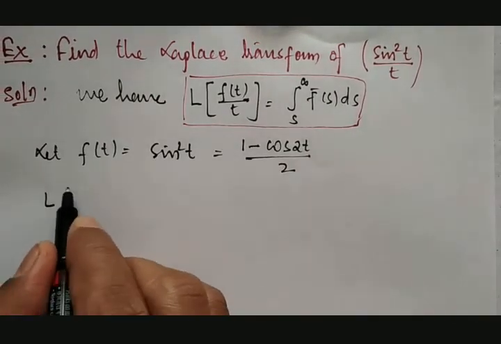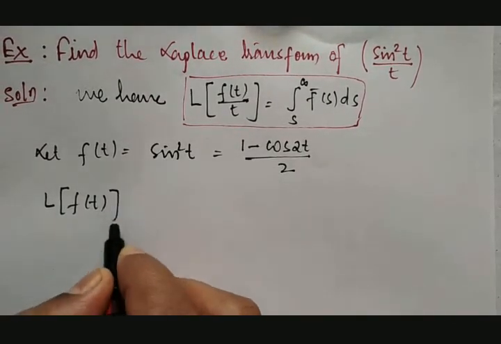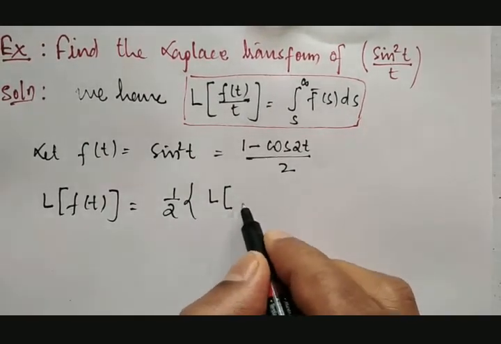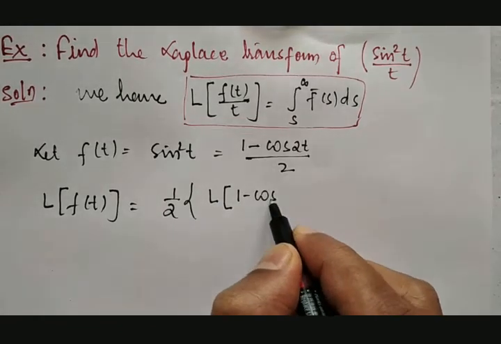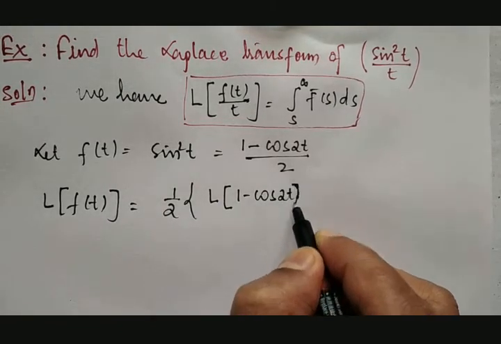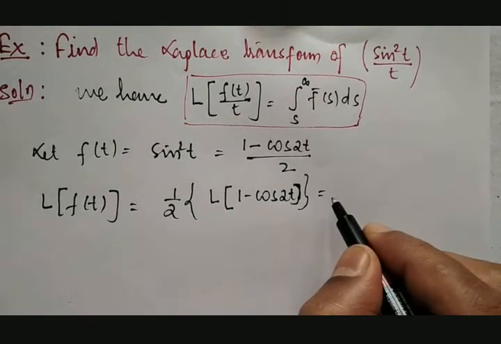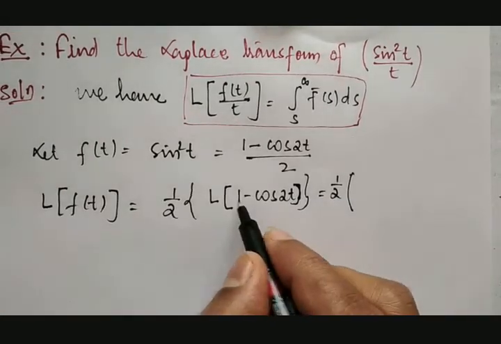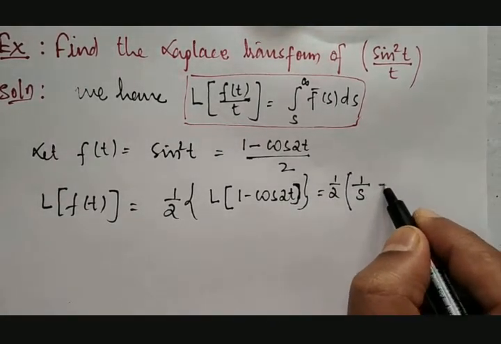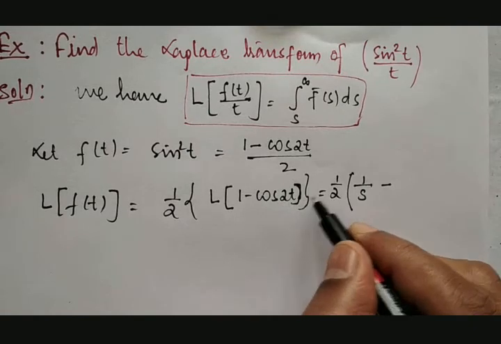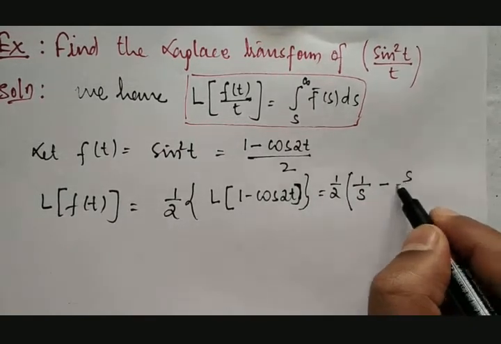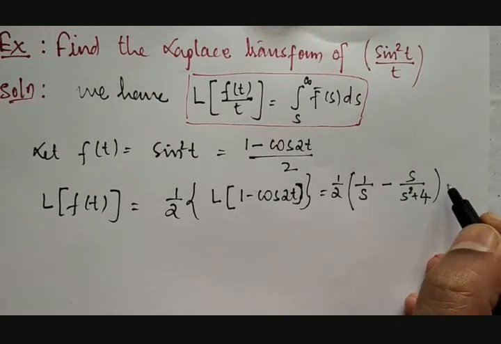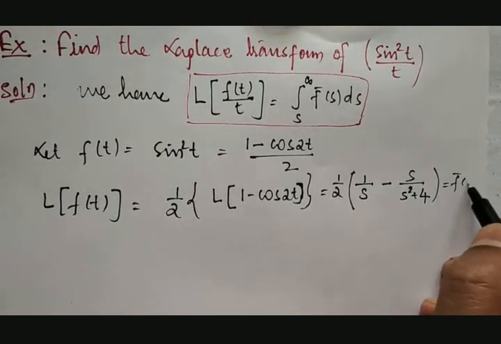Therefore, when we apply Laplace transformation on both sides, we will be getting 1 divided by 2 into the Laplace transformation of 1 minus cos 2t, which is nothing but 1 divided by 2 into, the Laplace transformation of 1 is 1 by s, minus the Laplace transformation of cos 2t, which is s divided by s square plus 2 square, that is 4, which is equal to f bar of s.